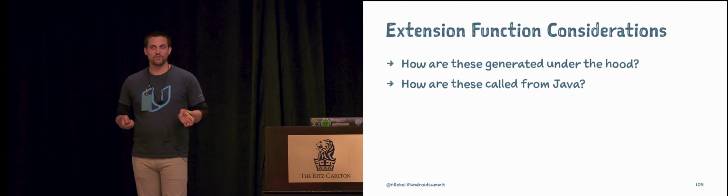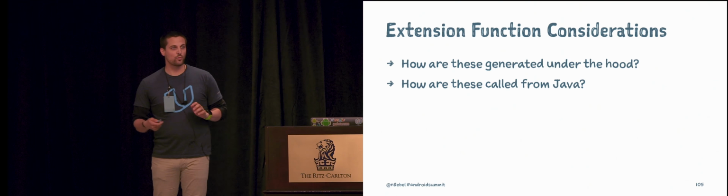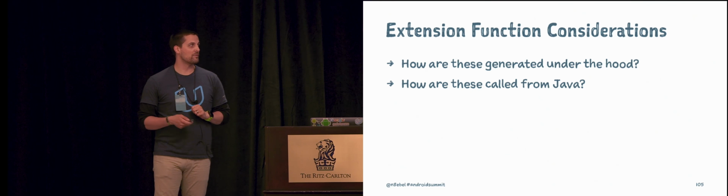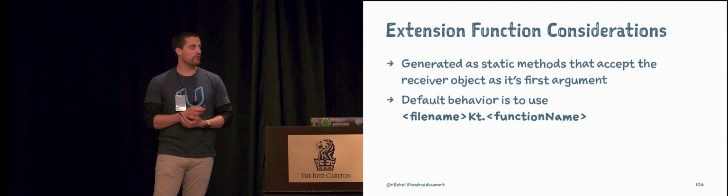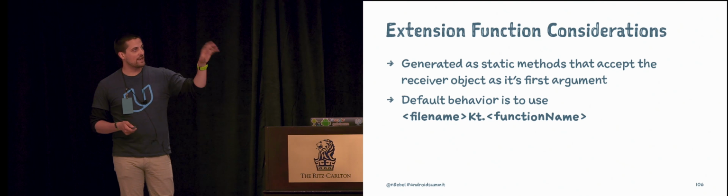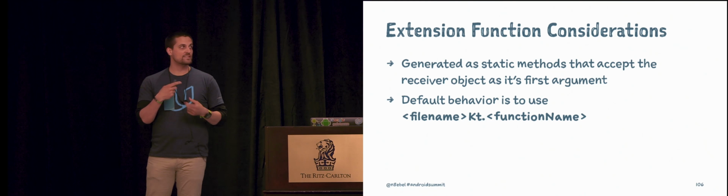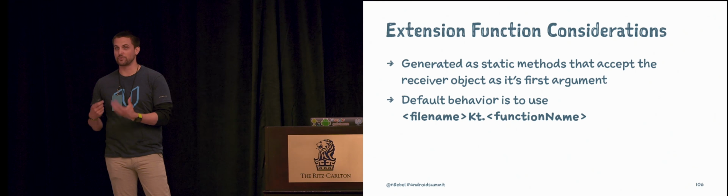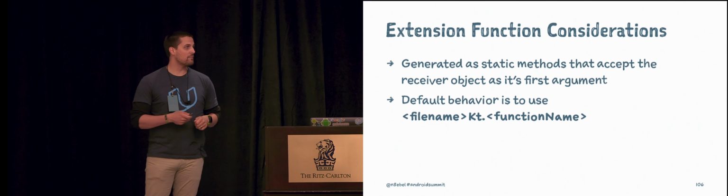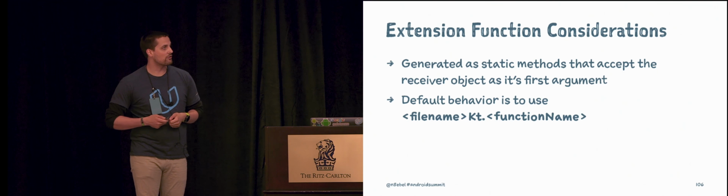So again, if you see this, you might be thinking, how does this actually work? What's the interop story here from Java? Well, again, we have generated Java under the hood for us. And again, these are static methods, and they will take the receiver as the first argument. So in the previous example, the context is the receiver, and so our static method will have a context as the first argument.